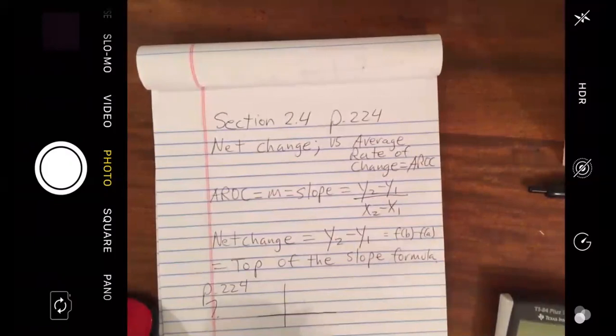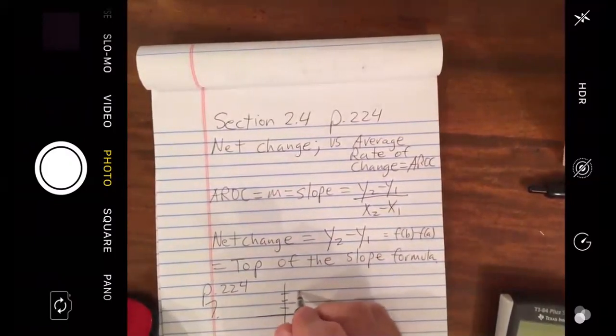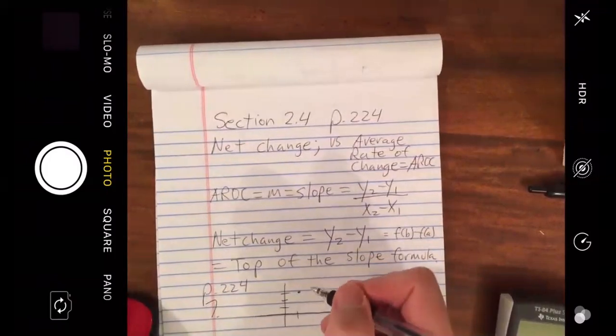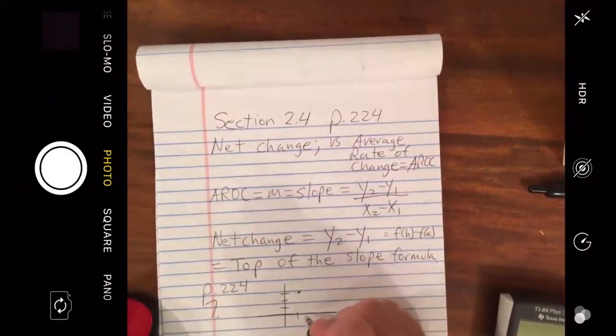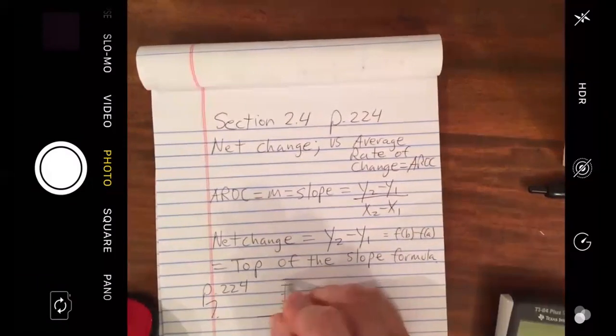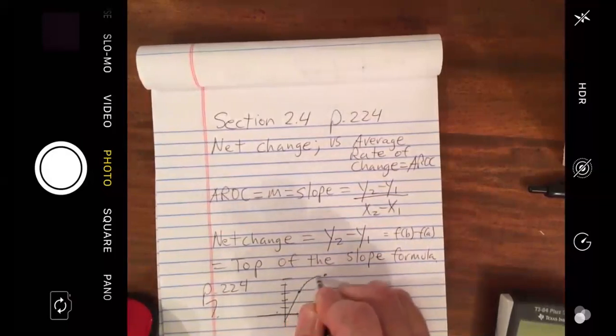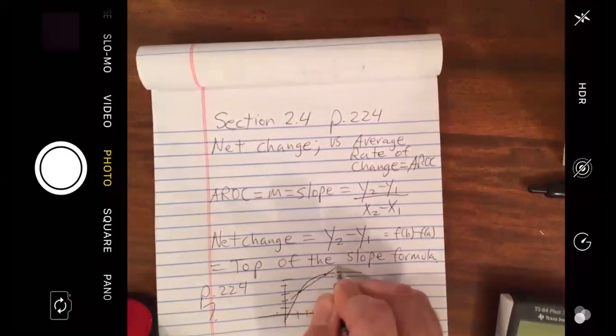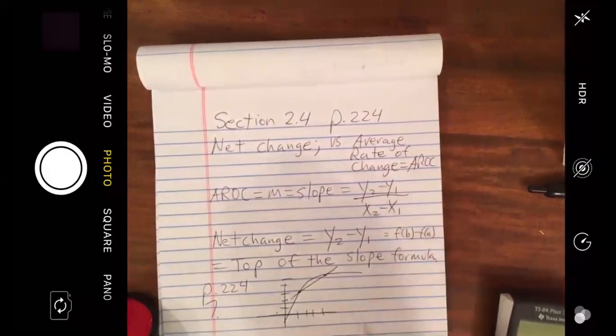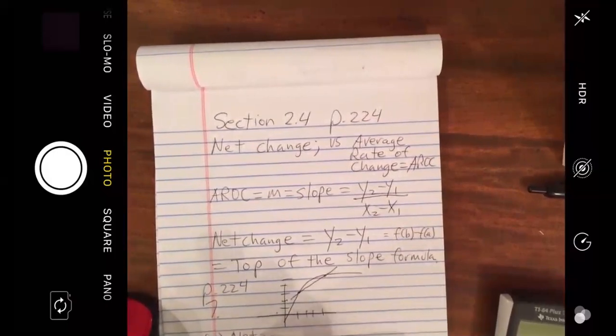They've given me a dot over at 1 and up 3, and another dot at 4 and up 5. They're curving the curve kind of between these. So part A asks for net change.